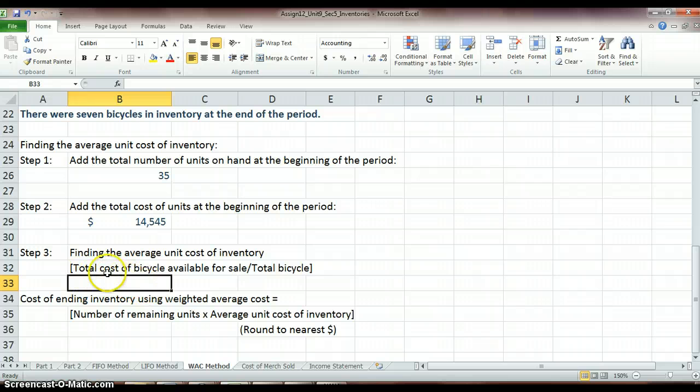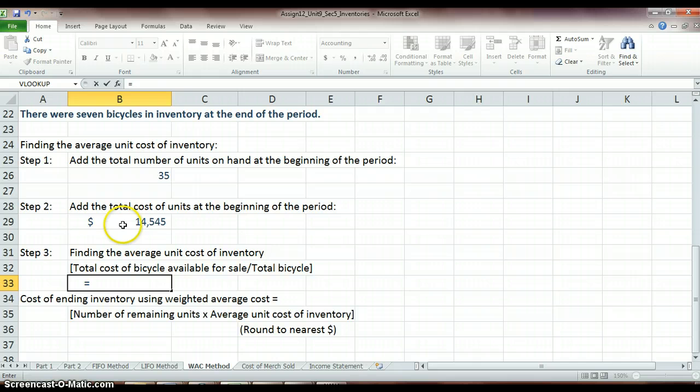Now we need to find the average cost per unit of inventory. In order to find that number, we take the total cost of the bikes available for sale divided by the total number of bikes. Let's just do an equation in here.